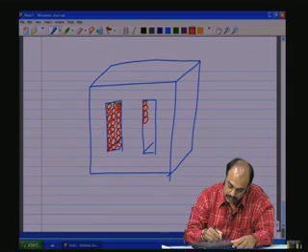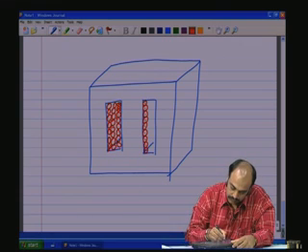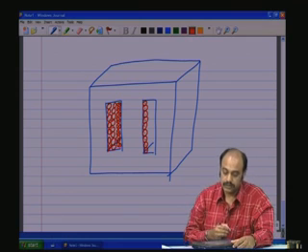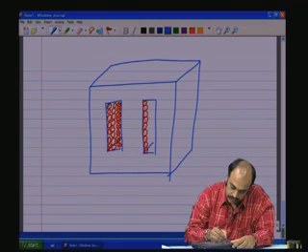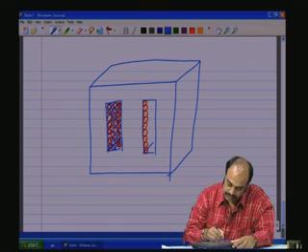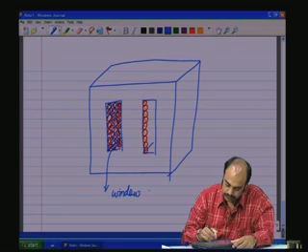So, they have the current direction as coming out here and going in there. In this way, effectively we have only this area available to accommodate the windings. That is called the window area, AW.